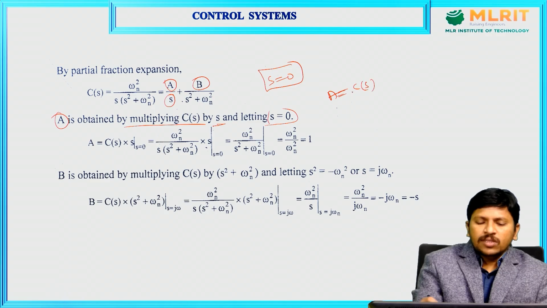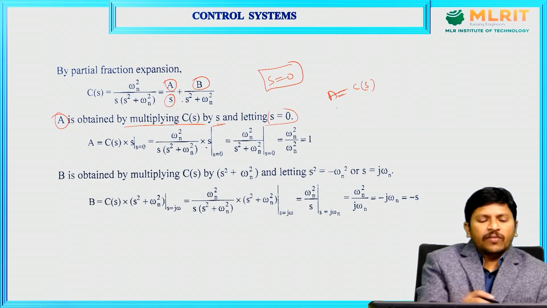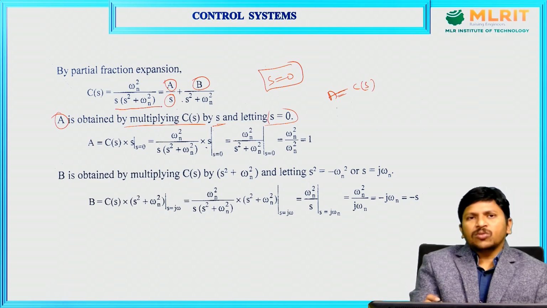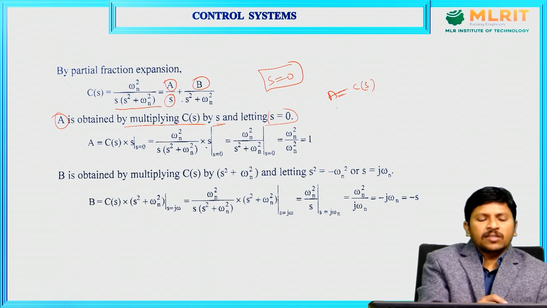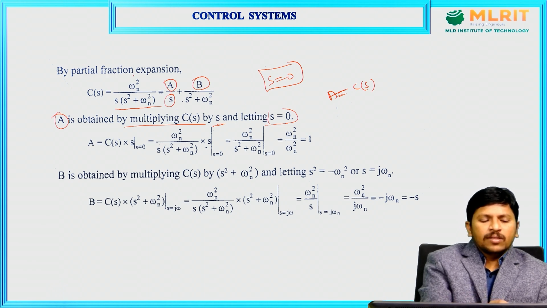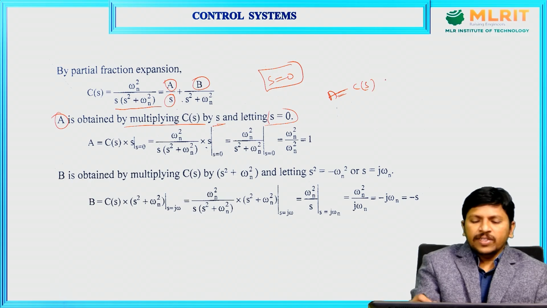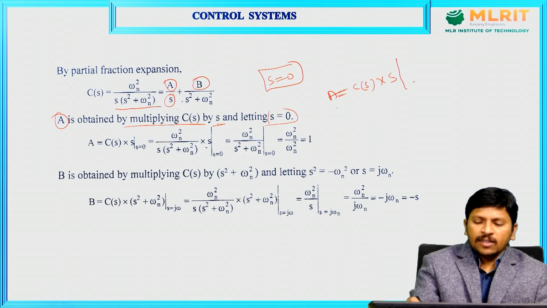Already we know that C of S equals omega n square divided by S into S square plus omega n square. So C of S into S, letting S equals to 0, substitute.